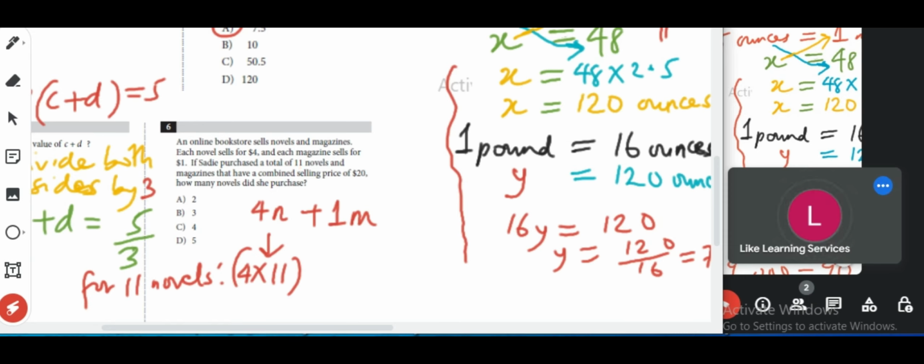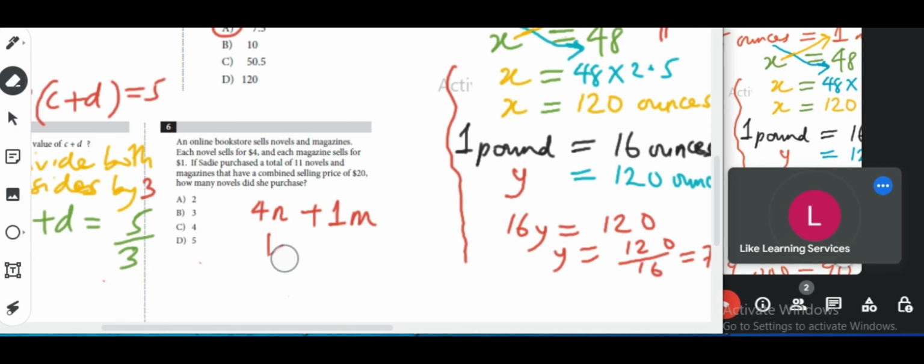I just read the question to see that this 11 is not only for novels. The 11 is for both novels and magazines. Look at it, 11 novels and magazines. In other words, when you add the novels plus magazines, you get 11.